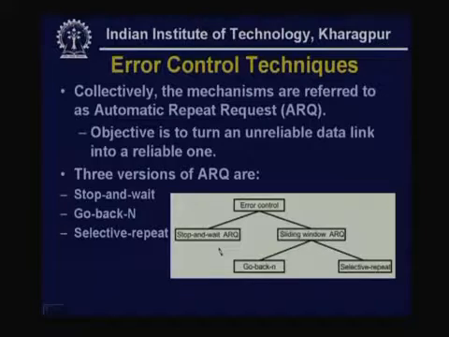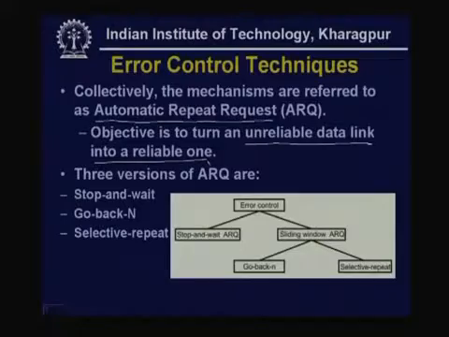And these error control techniques are collectively referred to as automatic repeat request, ARQ. And obviously, as I mentioned in the beginning, our objective is to turn an unreliable data link into a reliable one. As we know, there does not exist any transmission media where error cannot occur.